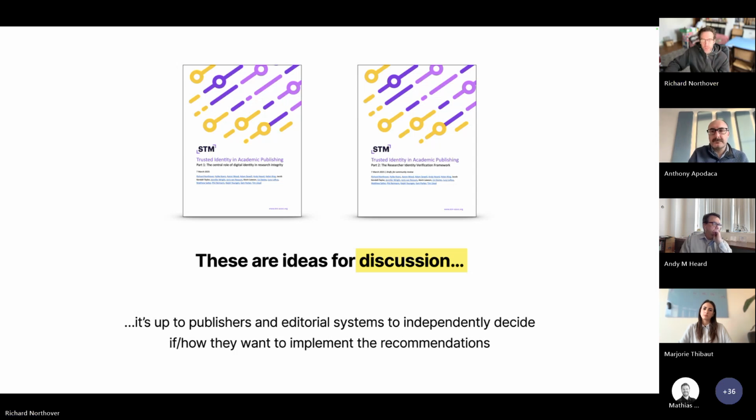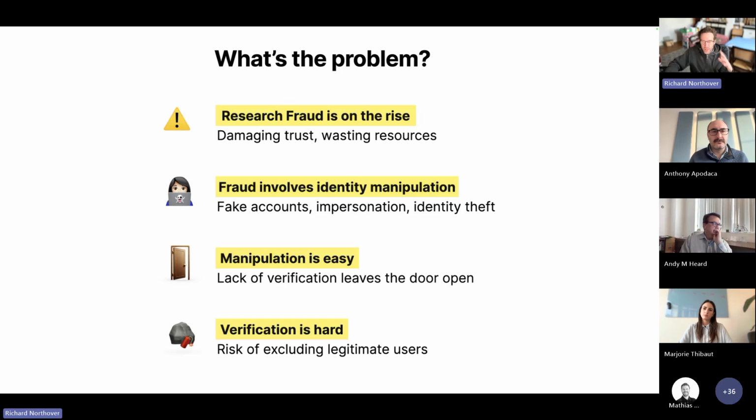So let's just get into it, starting with what the problem is. So we all know that research fraud is an increasingly serious problem with serious consequences for everyone involved. We have found from looking into this as a group that many cases of fraud involve identity manipulation, so fake accounts, impersonation, and so on.